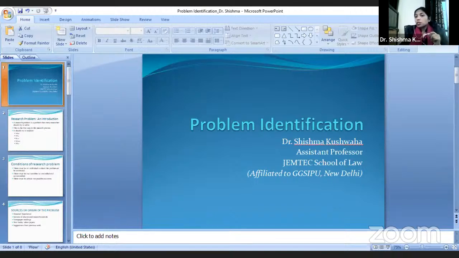Then the techniques for the problem identification: the statement of problem should be identified in a general way. We should try to understand the nature of the problem, what type of nature the problem has. We should survey the available literature, and we should try to develop the ideas through discussion.